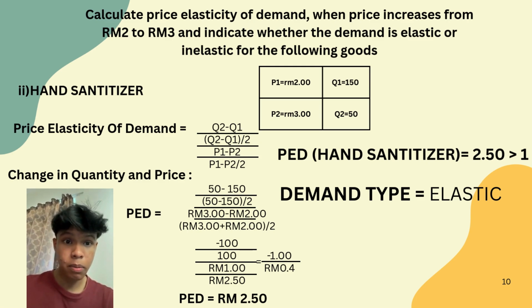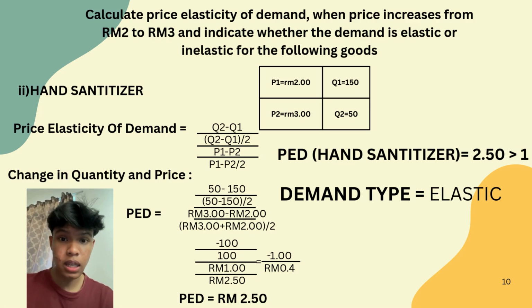To calculate the price elasticity of demand, we use the formula. The change in quantity and price is 50 minus 150 divided by 50 plus 150 divided by 2, divided by 3 ringgit minus 2 ringgit divided by 3 ringgit plus 2 ringgit divided by 2.